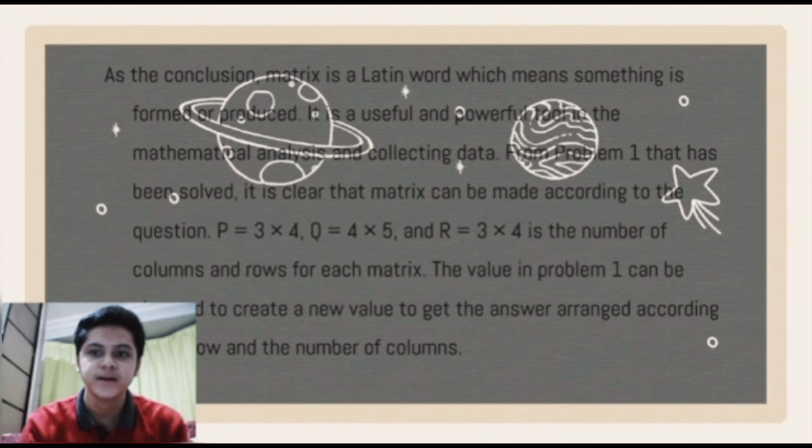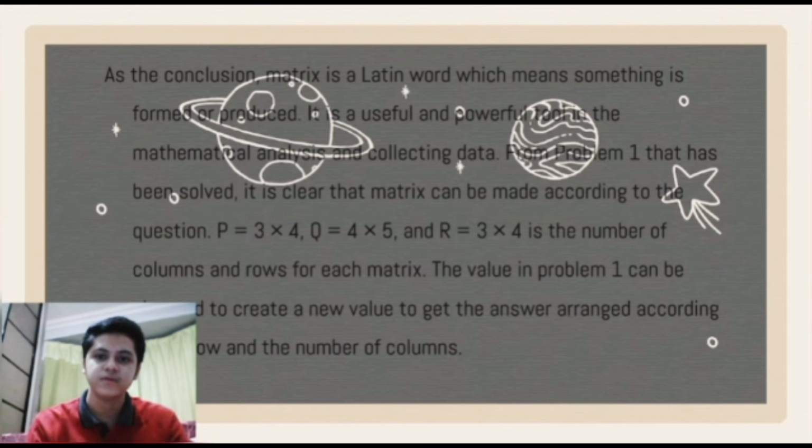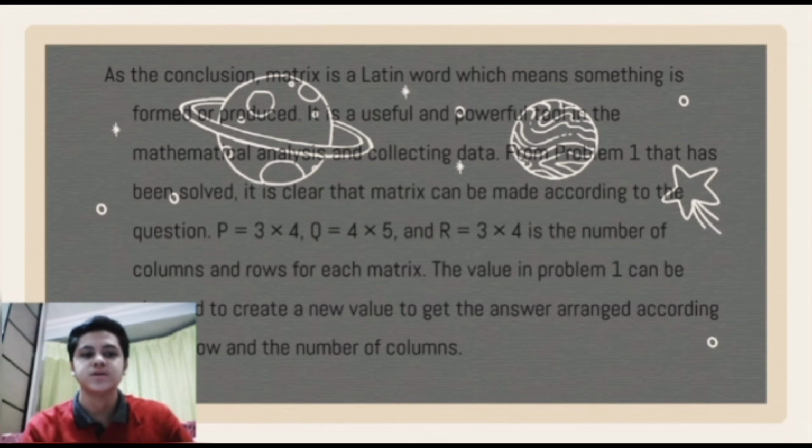From problem 1 that has been solved, it is clear that matrices can be made according to the question: P equals 3 multiplied by 4, Q equals 4 multiplied by 5, and R equals 3 multiplied by 4, which are the number of columns and rows for each matrix. The values in problem 1 can be changed to create new values to get the answer arranged according to the rows and the number of columns.